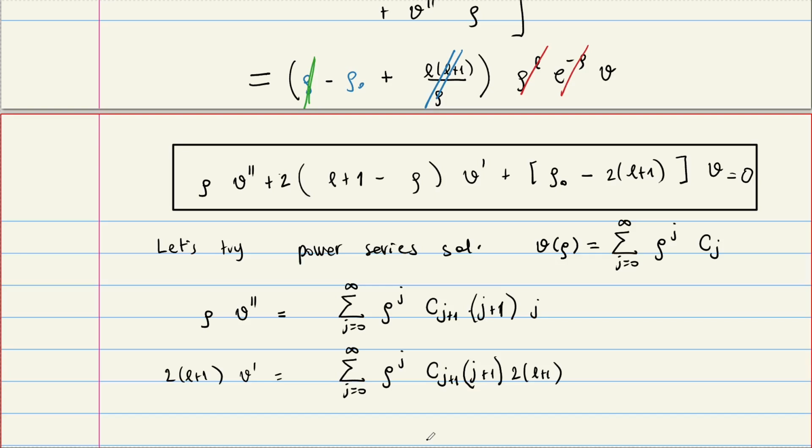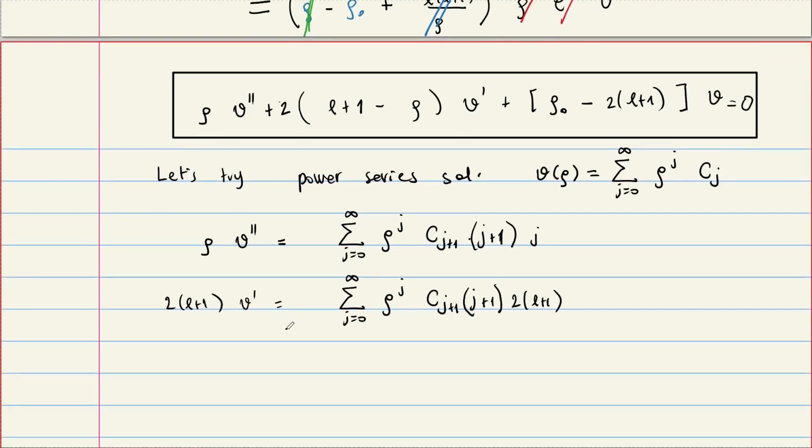Good. So I have this term, and I need to do exactly the same thing for minus 2 rho times v prime, which is equal to minus 2 rho times this thing. I'll take the derivative, and the derivative is j times rho to the j minus 1, and if I push this rho inside, the minus 1 is gone, so no shift is required here.